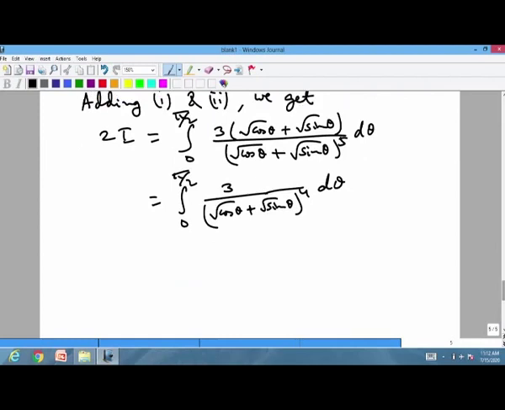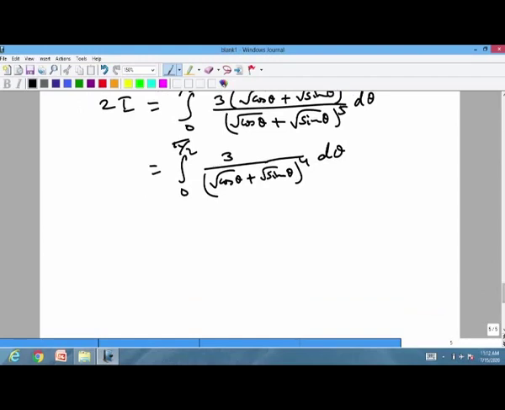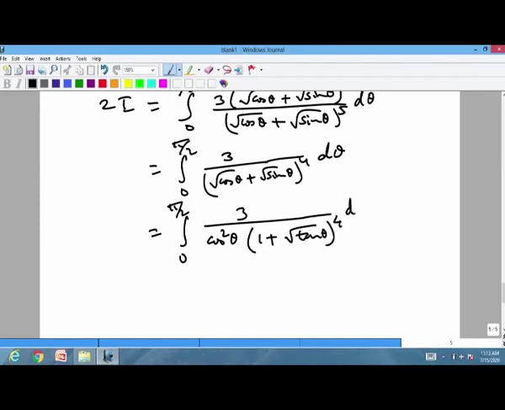Now, here again to integrate this one, what we can do is take square root of cos theta common from the denominator, and this will become 3 over, square root of cos theta raised to power 4 will be cos square theta, and then we have (1 plus square root of tan theta) raised to power 4 d theta.